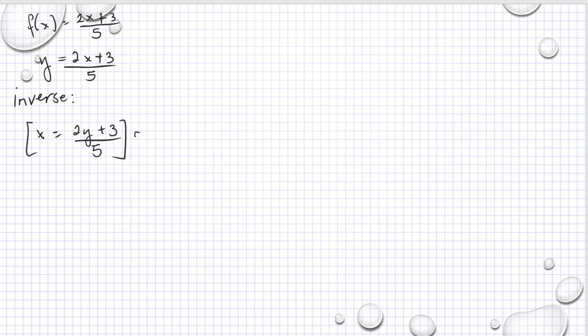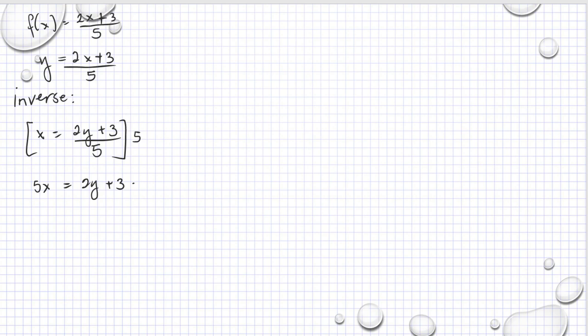Here's another example. We have 2x plus 3 divided by 5 as the function of x. Sorry for not mentioning that. So we have y is equal to 2x plus 3 divided by 5. And then to find the inverse, we need to interchange. We have x is equal to 2y plus 3 divided by 5. If we multiply both sides of the equation by 5, then we have 5x is equal to 2y plus 3.